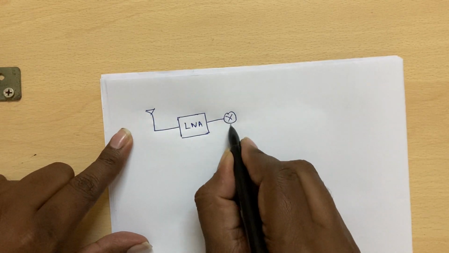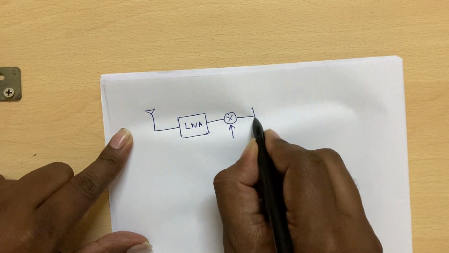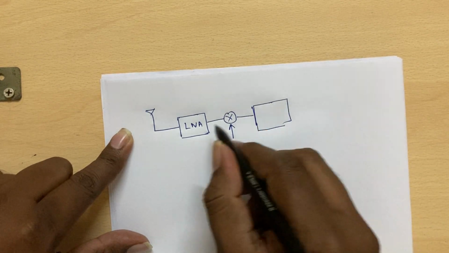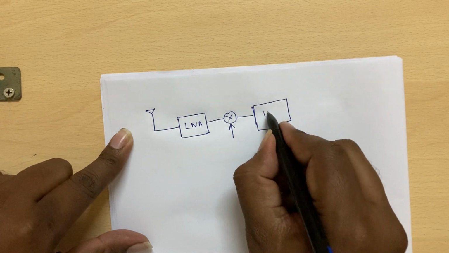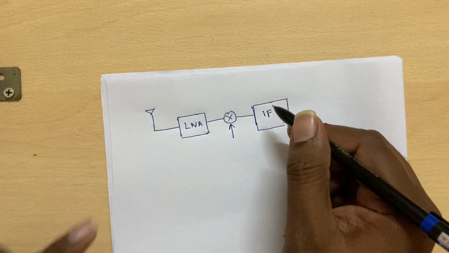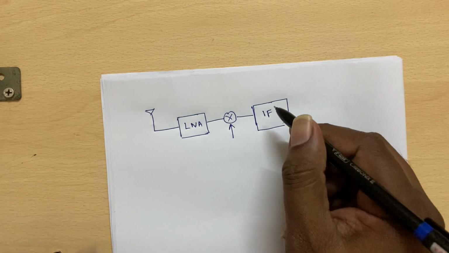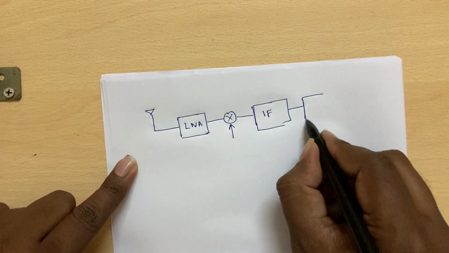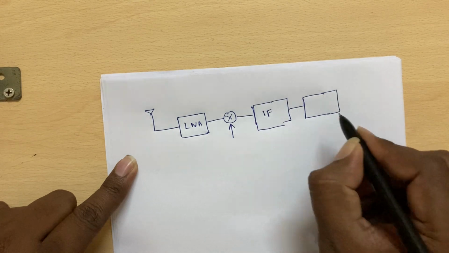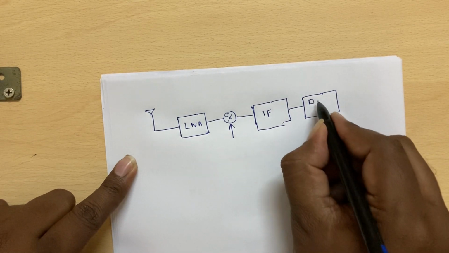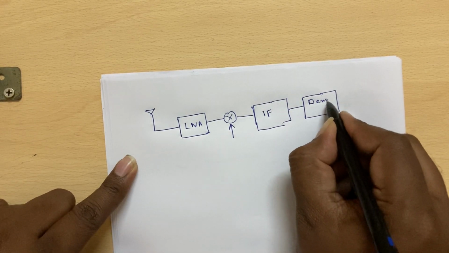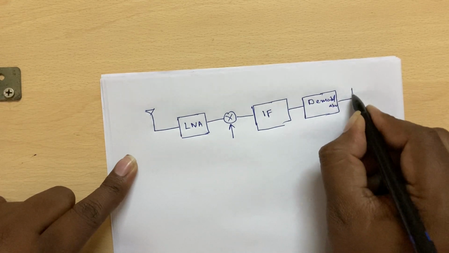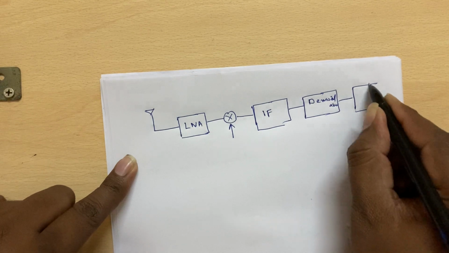Then there will be a mixer and an IF stage. The mixer and IF stage convert the RF signal to an IF signal. After that there may be a demodulator and a detector.